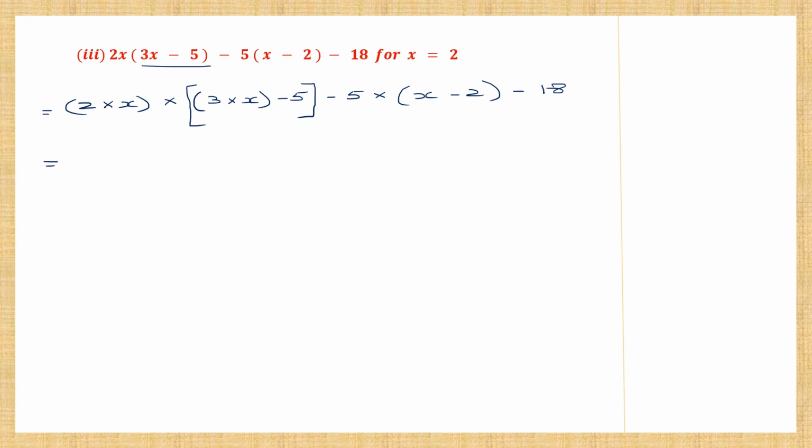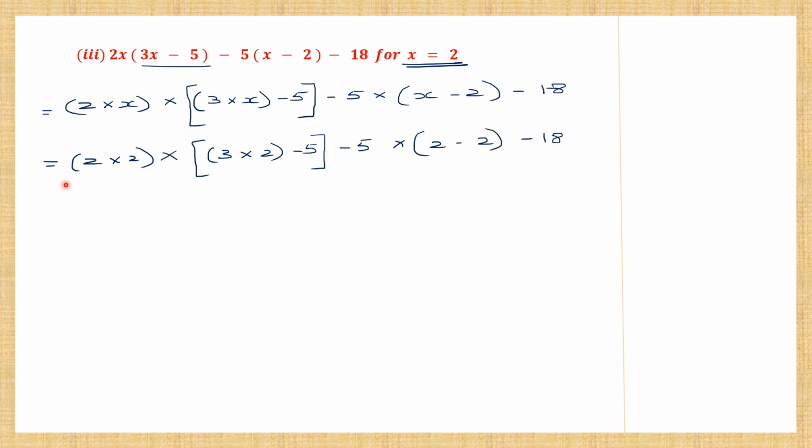Now let's substitute the values. So wherever you have x, you're going to write 2 because it's given to us. So 2 into 2 into, in brackets we have 3 into 2 minus 5, close the brackets, minus 5 into 2 minus 2 minus 18. So now let's simplify all these and see what we get.